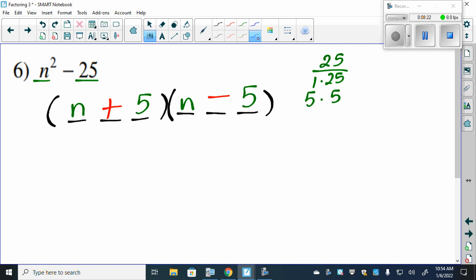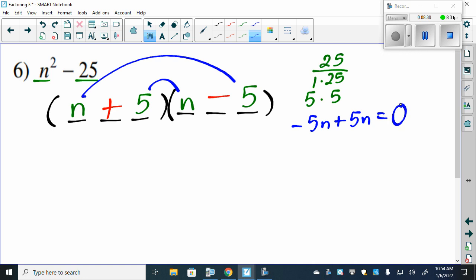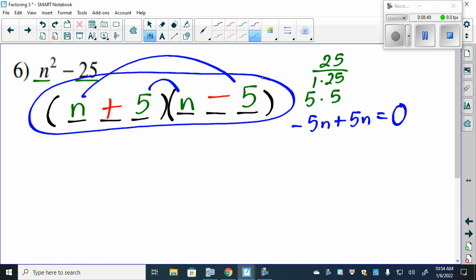And it works out that this is the correct setup, because if we check it, n times negative 5 is negative 5n. 5 times n is plus 5n, and negative 5n plus 5n is 0, which is what we expected and what we wanted, because we did not want to have a middle term. There is no middle term here, so these here would be the correct factors. Any questions on this here?